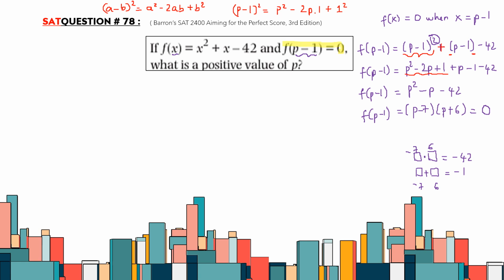They say f of p minus 1 equals 0. So f of p minus 1, after we calculate, equals 0. So we continue and solve for p. This is the AC method for the quadratic equations.